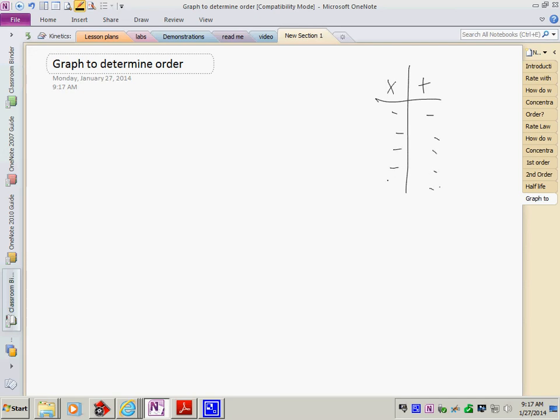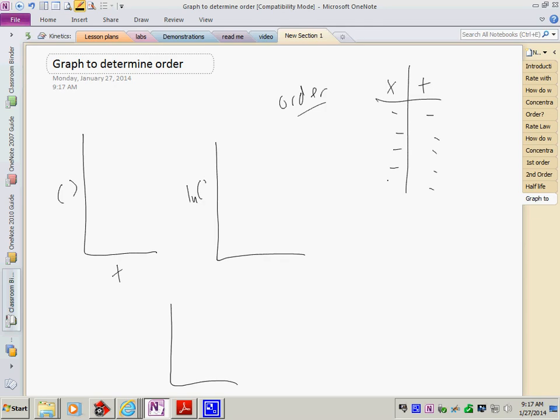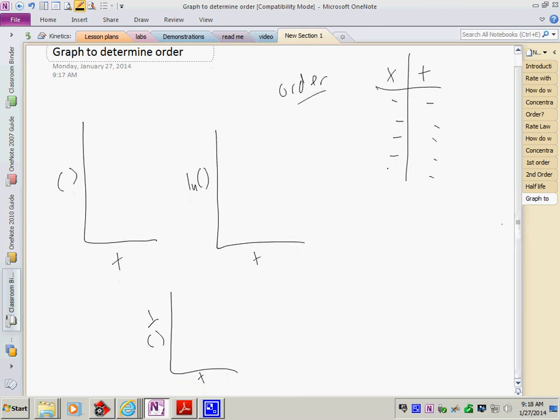How do you figure out the order? You do 3 graphs, and a lot of times they'll never have you do this on an AP exam. But they might give you these graphs and say interpret them. This one would be concentration versus time, natural log of the concentration versus time, and 1 over the concentration versus time. I've even seen them say, here's some data, explain how you do it.